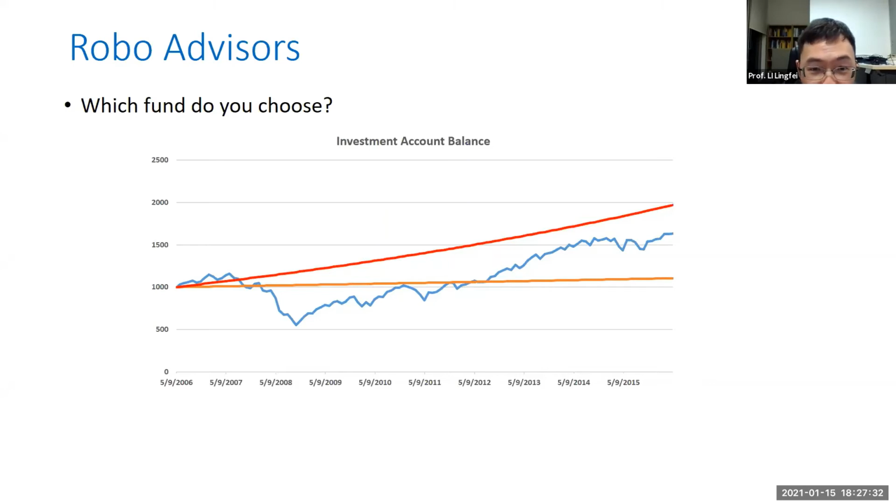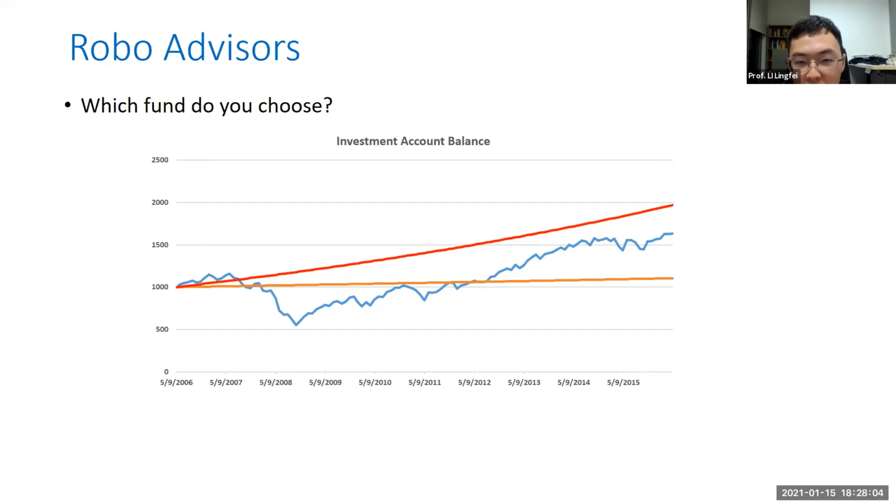So here, the red one is really providing investors with a very steady and high return, which is not realistic in financial markets. If you have invested in financial markets before, you will know that if you want to get high return, you also have to bear high risk. What does high risk mean? If you look at the blue one, it's quite risky because you see lots of fluctuations. Okay, so in financial markets, you don't really get a curve like the red one.